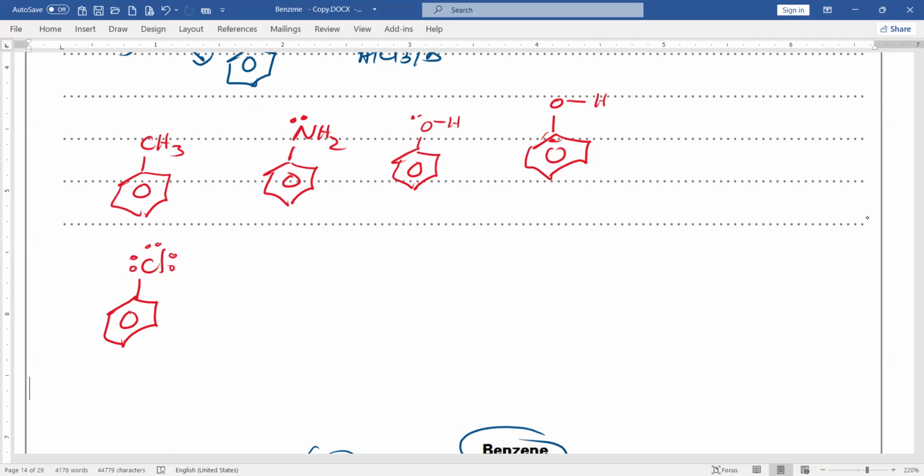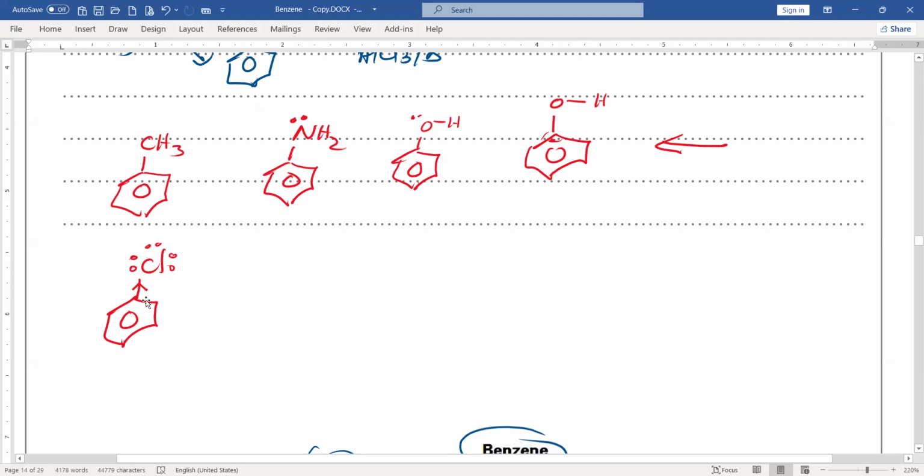But because of its high electronegativity, the electron cloud of this benzene ring will be attracted towards the halogen atom and deactivate the benzene ring. But still, because of the presence of these lone pairs, it will direct the next coming group to the ortho or para position. Then remember that all the ring activating groups are ortho para directors. All these are ring activating groups here.